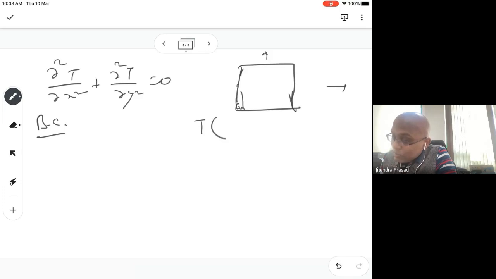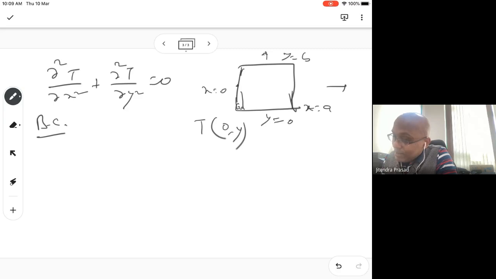This is x equal to 0, this is x equal to a, this is y equal to 0, this is y equal to b.